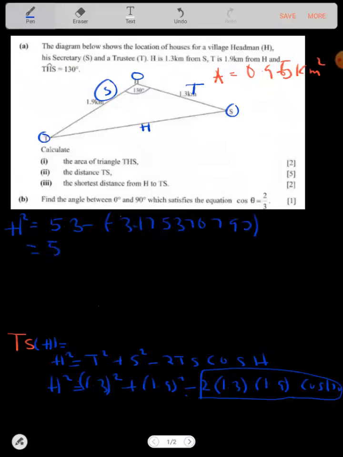We're going to have 5.3 plus 3.175370792.